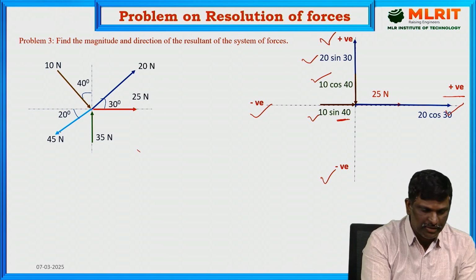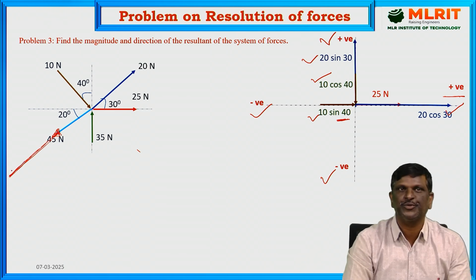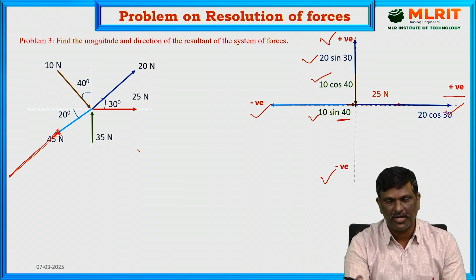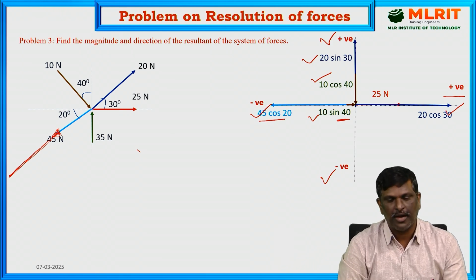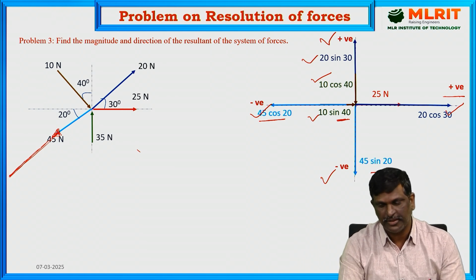Here the effect of this force is in its line of action, that is the arrowhead is showing towards left side and downwards. So the horizontal component will be towards negative left side, 45 cos 20, and the vertical component will be downwards, 45 sin 20.